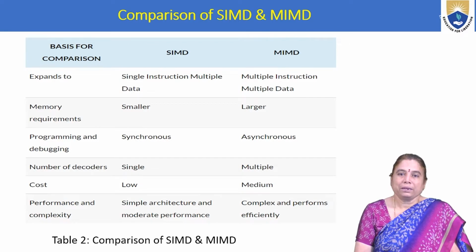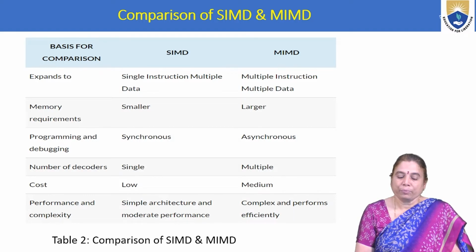So the comparison between SIMD and MIMD can be done based on a few parameters. The first one is the full form. SIMD is single instruction, multiple data, but MIMD is multiple instruction, multiple data.